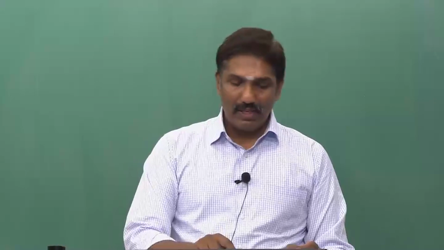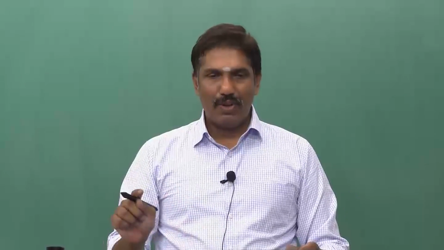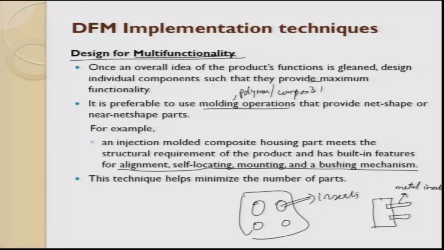There they would like to ship the roofs, the covering of the house, the panels, and all these will have metal inserts and slots, so that alignment, self-locating, mounting and bushing mechanism can be done very easily, and they can quickly go and build the house. So this technique, multifunctionality, means I reduce the number of parts.